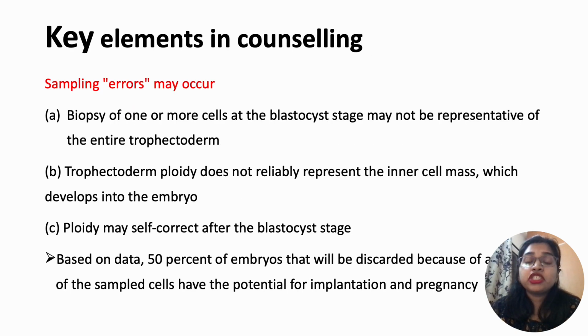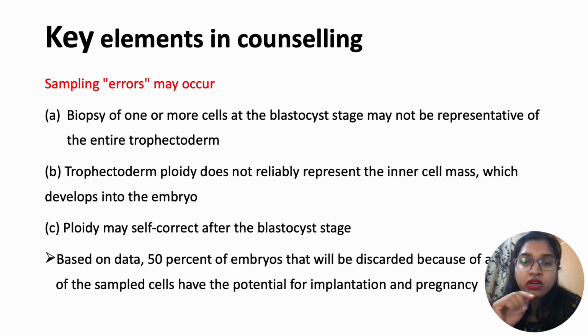Then we have to tell the patient about the sampling errors that can occur during PGT. Why? Because we are taking a biopsy of one or more cells at the blastocyst stage. It may not be representative of the entire trophectoderm, right? Second thing is trophectoderm ploidy does not reliably represent the inner cell mass.